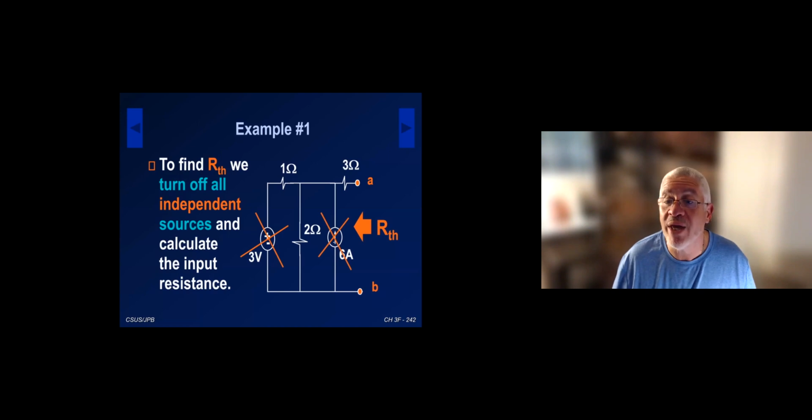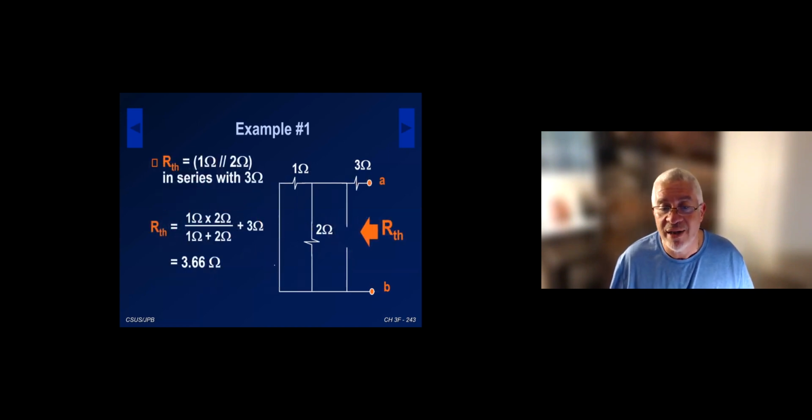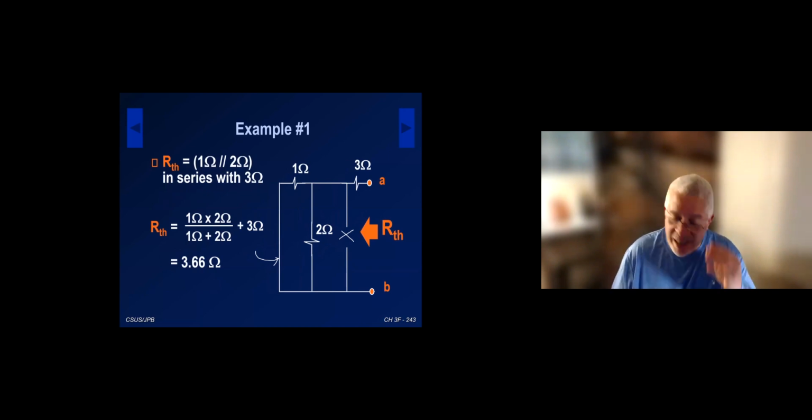So what we have, looking at the equivalent resistance, is this. This is where the current source was, that X. This is where the voltage source was, that line. In this particular simple circuit, looking at the resistance looking in, I can see that the 1 ohm and the 2 ohms are in parallel, and the result is in series with the 3 ohm.